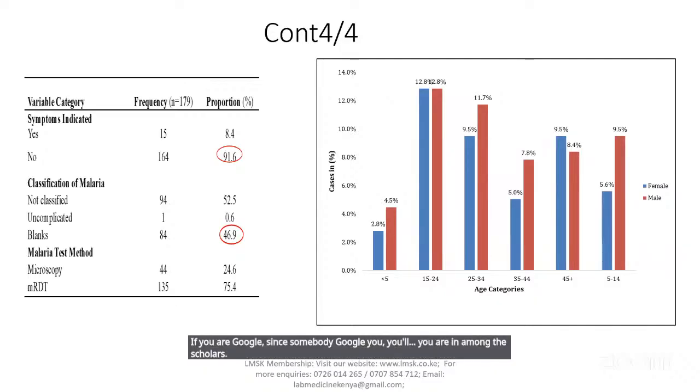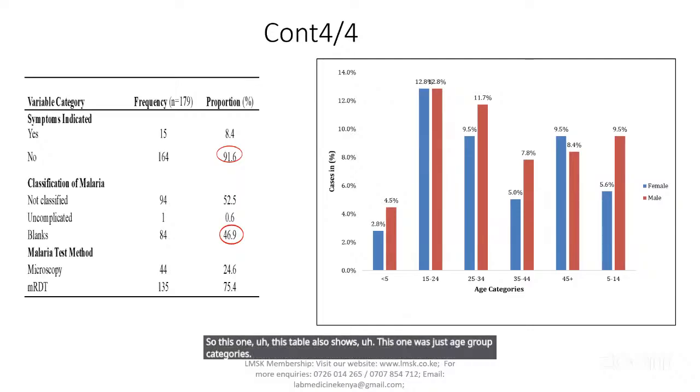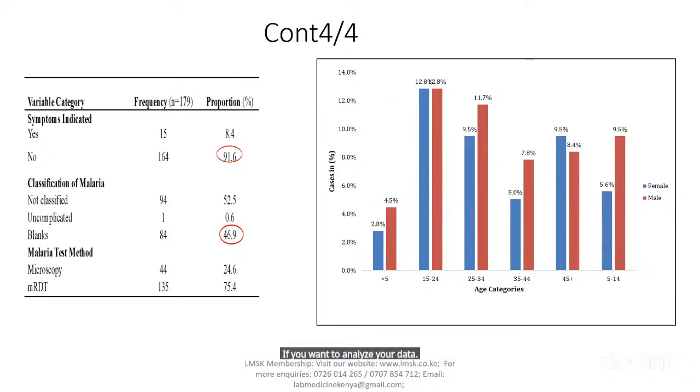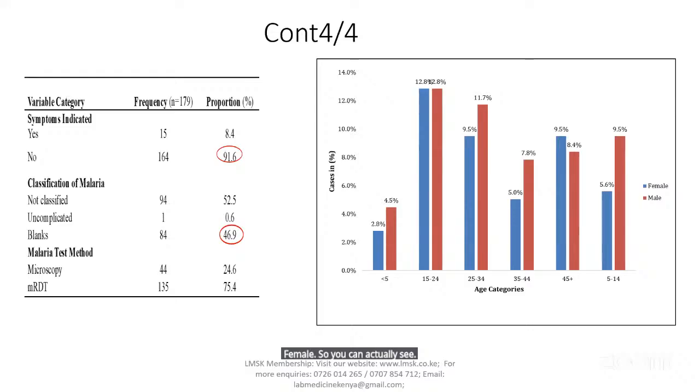So this table also shows, this one was just age group categories. If you want to analyze your data in terms of age groups, it's better you clump it like this, and I've got male and female. So you can actually see age group 15 to 24 was the most affected between male and female. And this one was a study that we did in Wajir County.